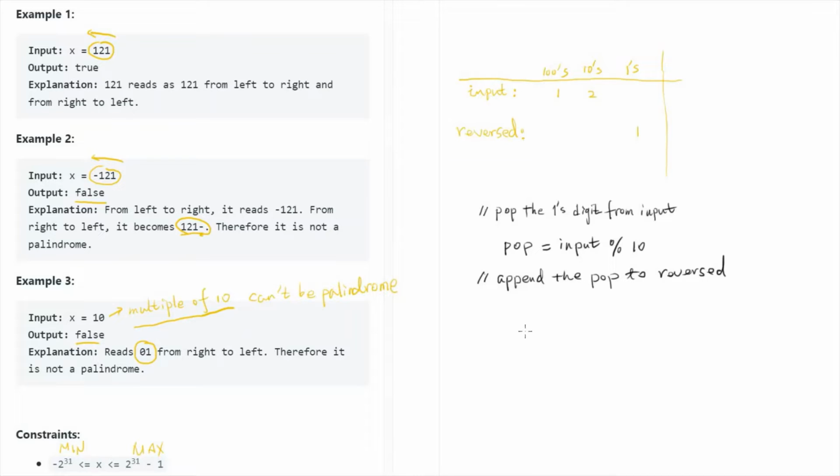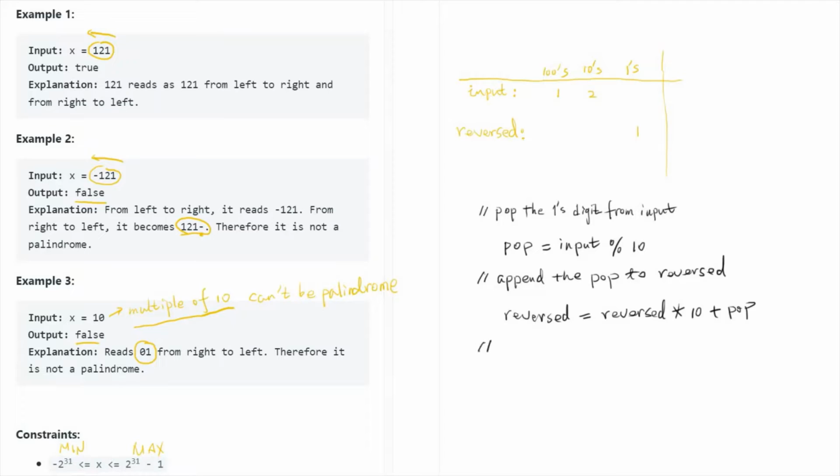The formula for this step is reversed equals reversed times 10 plus pop.